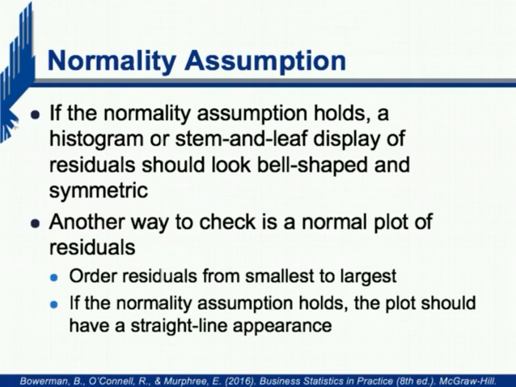Here it orders the residuals from smallest to largest, and if the normality assumption holds, the normal probability plot should have a straight line appearance. This can be produced using different statistical software. Once the normal probability plot is produced, we just have to check if the graph looks like a straight line. If it's approximately a straight line, then we can say that the normality assumption is satisfied.